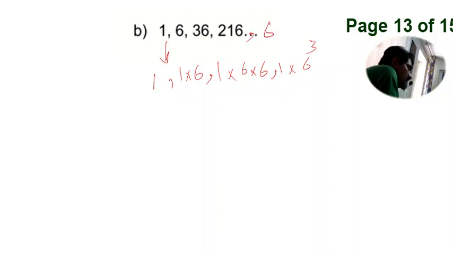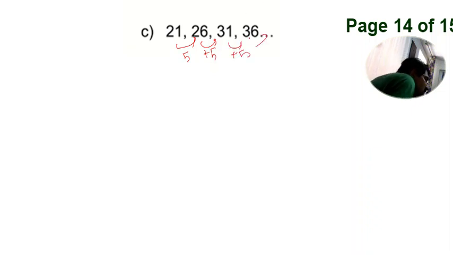The next ones are 6 to the power 4 and 6 to the power 5. For the next sequence, plus 5, plus 5, plus 5: 33 plus 5 is 41, then 46, and the other.